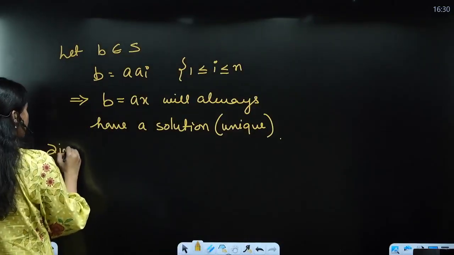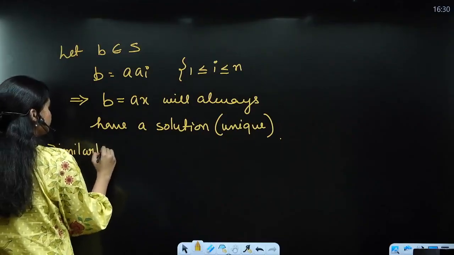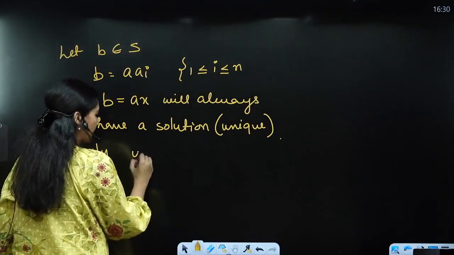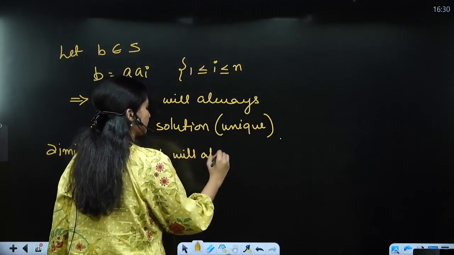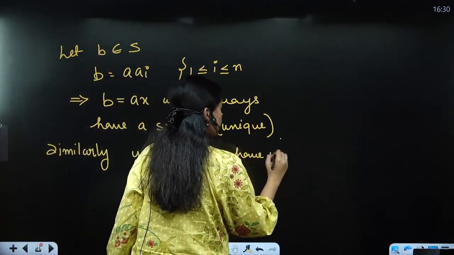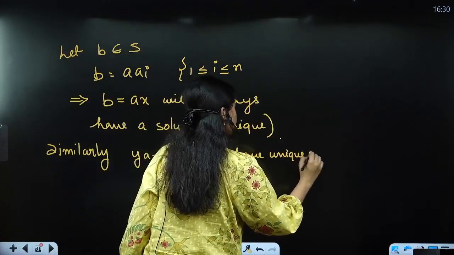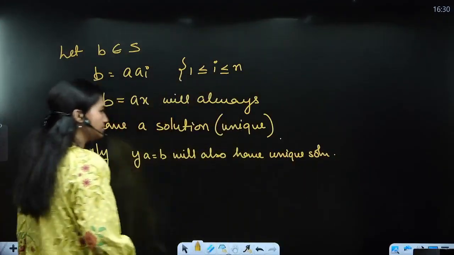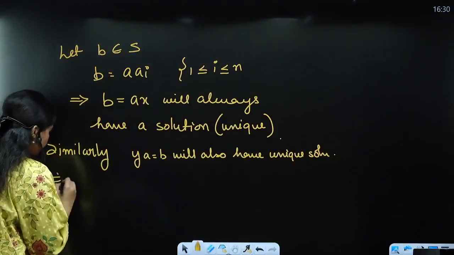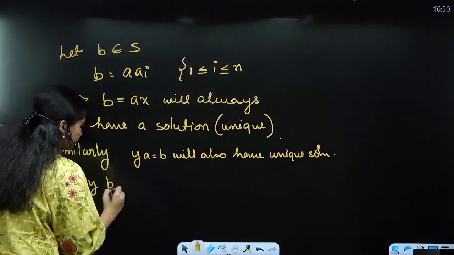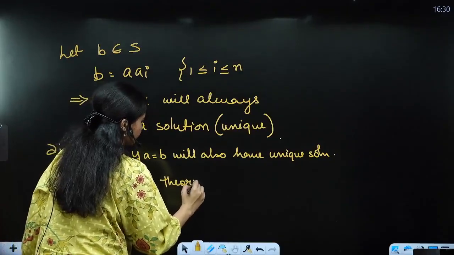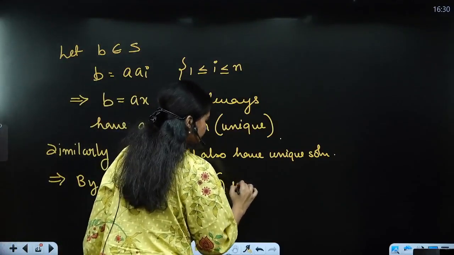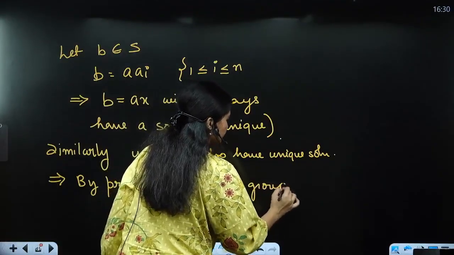Similarly, ya equals b will also have a unique solution. So this implies that by the previous theorem, G is a group, right?